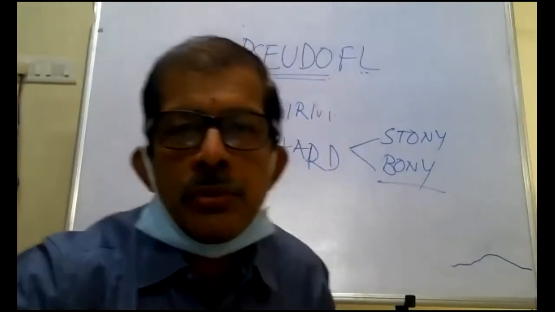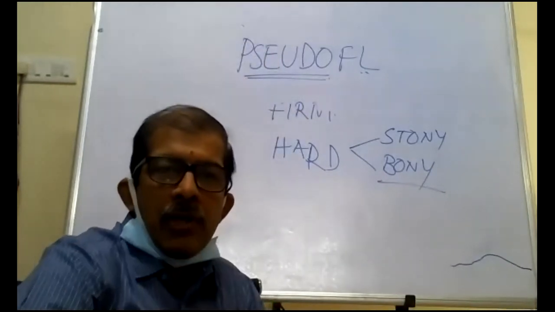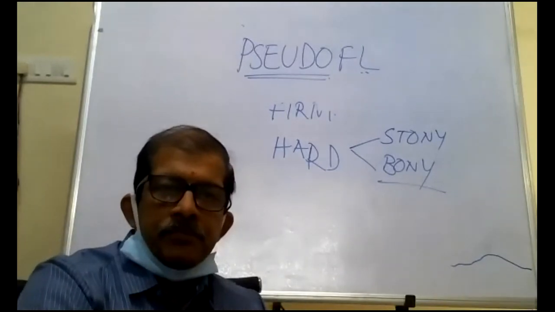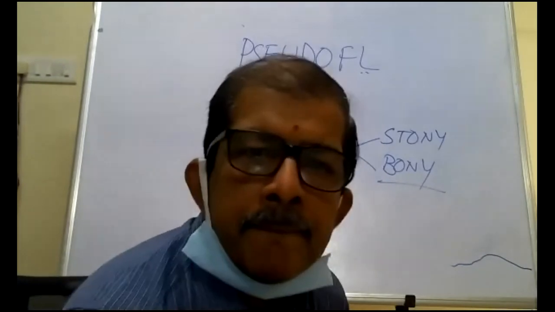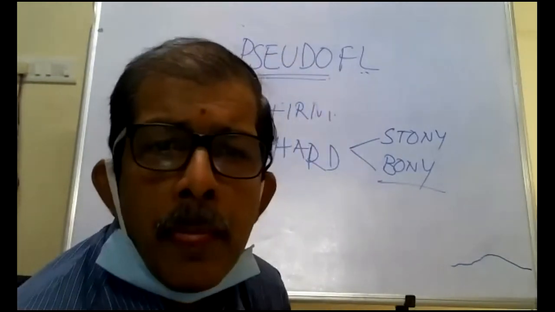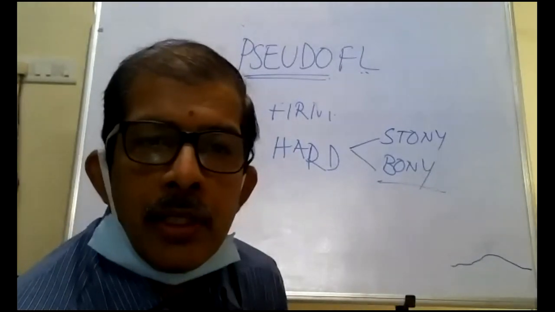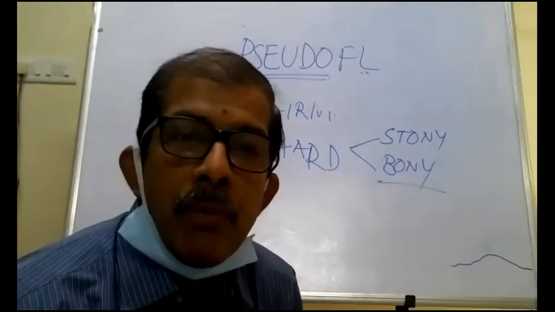Normal tissue in the body. You can even elicit it on yourself also. This pseudo fluctuation. Subcutaneous tissue, no? Yeah. Somebody has written lipoma. Lipoma is not normal, isn't it? Very good. Muscles. Muscles.